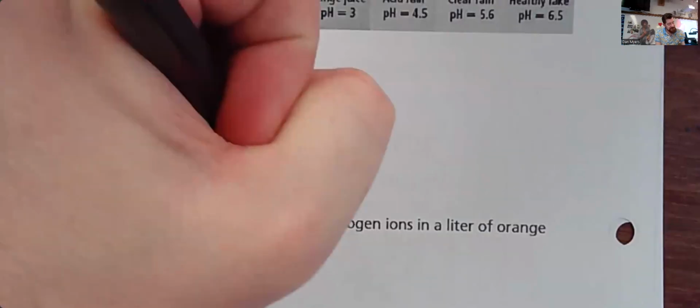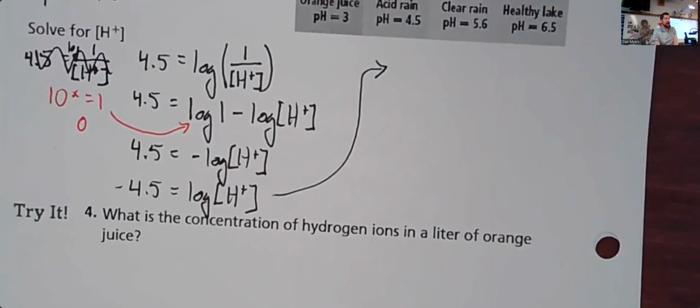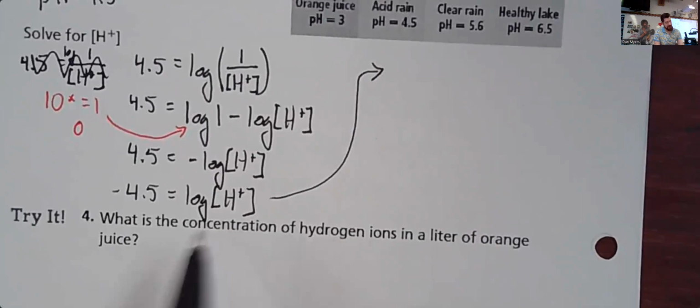Let's write this in exponential form. What do we get? We're writing it in exponential form, so no more log. What's our base value? If there's no base written, what's our base? 10.